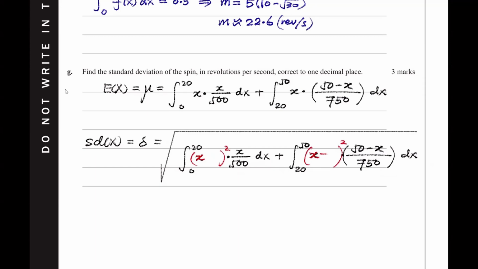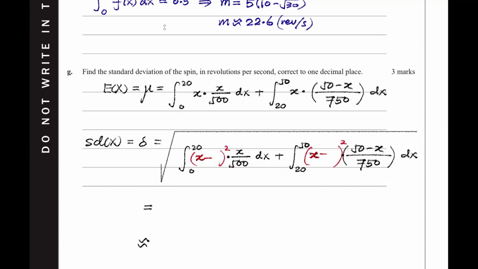Because I need the mu value, it's x minus that mu value squared, multiplied by each part of the probability function. And then I'm able to get some value here, approximated correct to 1 decimal place.